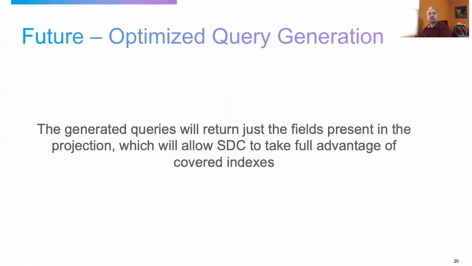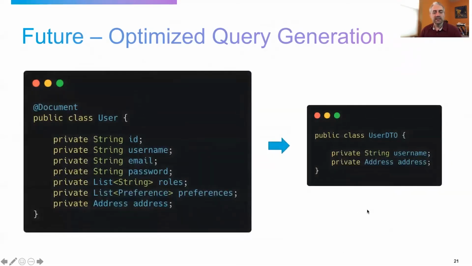For a future optimization, this is not available yet, but it's for projections. Suppose all the fields that you wanted were already in an index. Suppose that all you wanted was the username and address, and these were indexed.